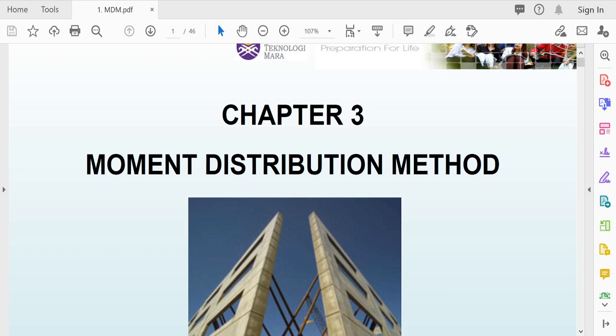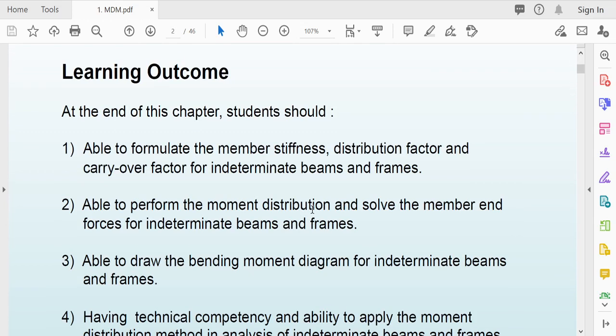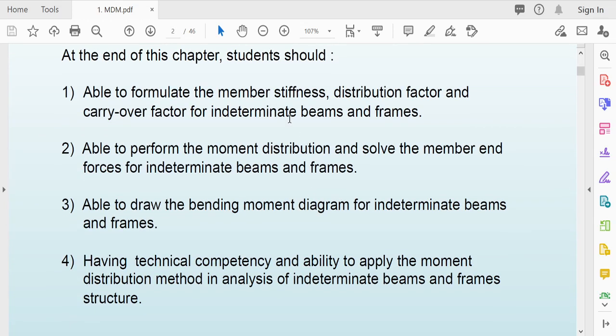Let's go through together for a revision session. Moment distribution method, the learning outcome. I have explained to you the keyword, the member stiffness, the distribution factor, the carryover factor, and we have done the analysis for beam.